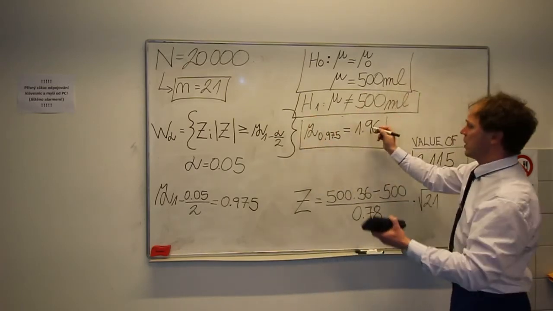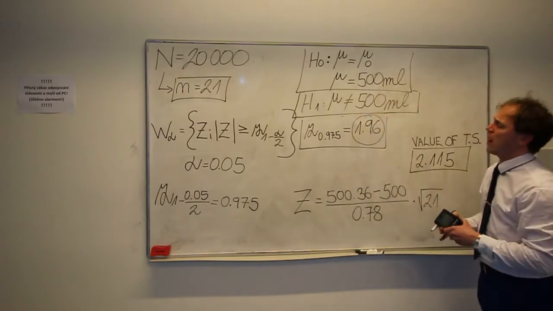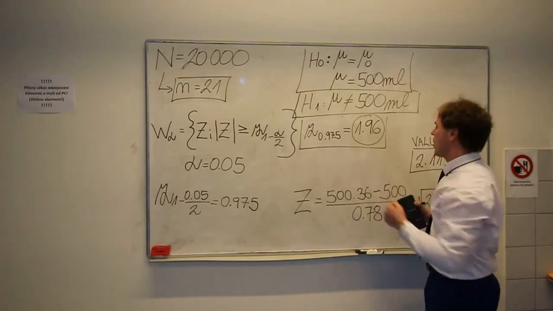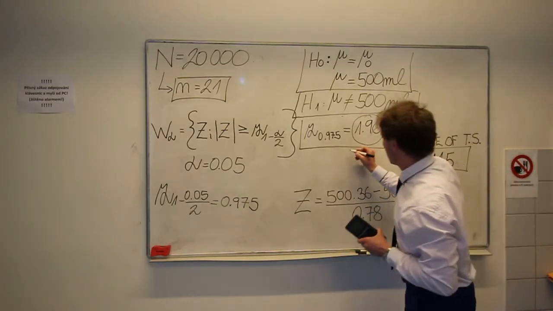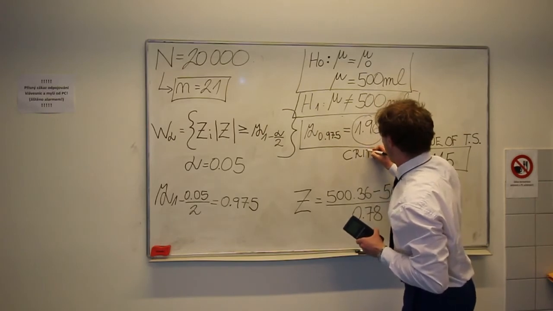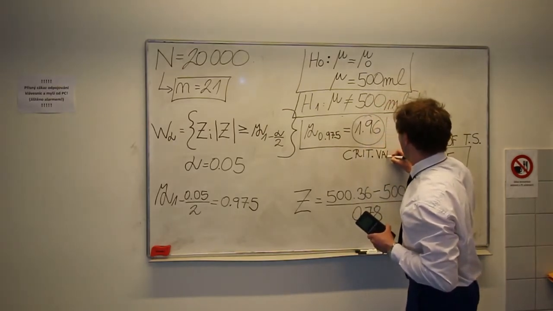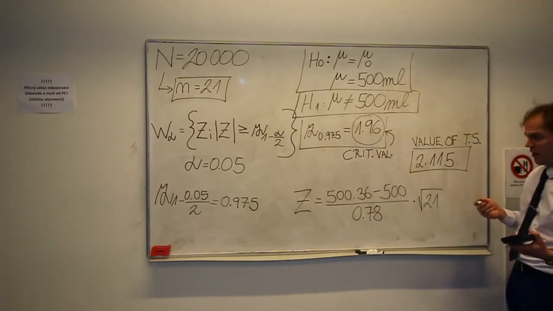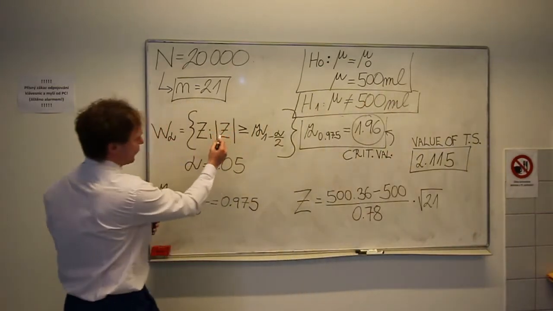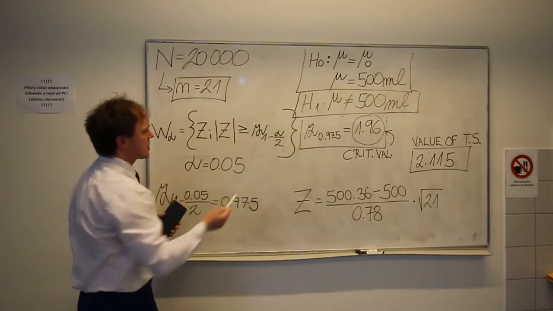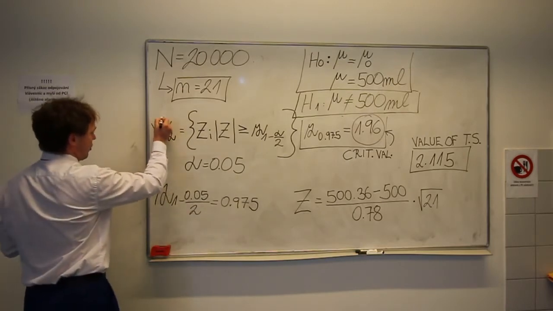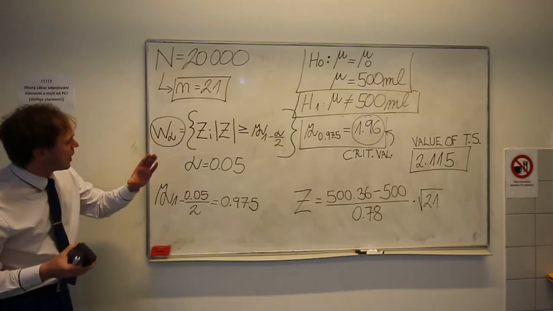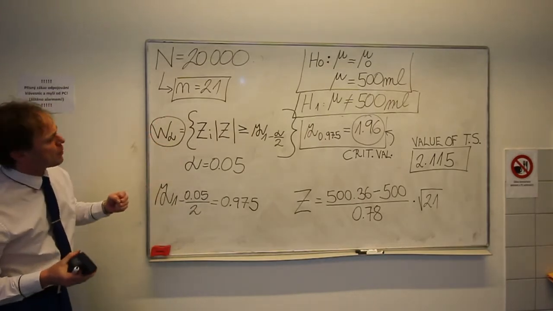If you don't believe me, please find statistical tables and verify that I'm not lying to you. 1.96 is the critical value, and this is the value of the statistic. And if the absolute value of the statistic is higher than this critical quantile, we enter the rejection region, and at a particular level of significance, we are rejecting the zero hypothesis.